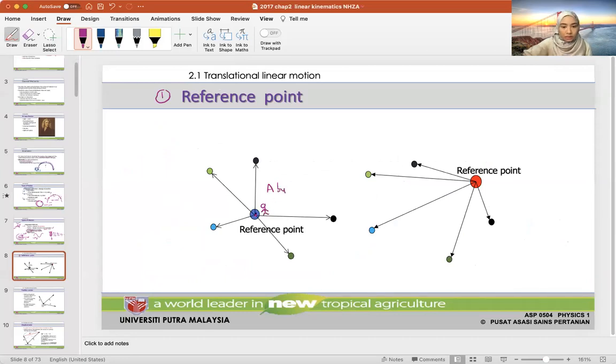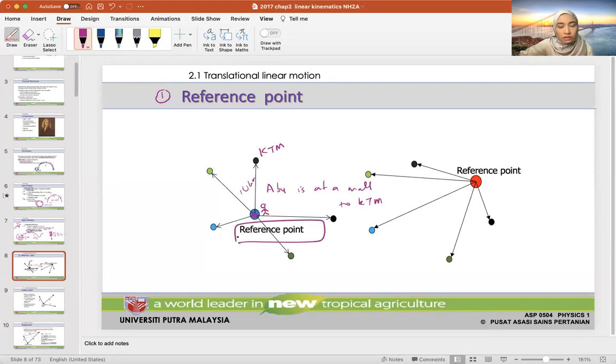Abu is at a mall in Kuala Lumpur, and then he moves 10 kilometer north to KTM contohnya, sebab kita pergi Mid Valley, so naik KTM. So the initial point where Abu started his journey is called the reference point.